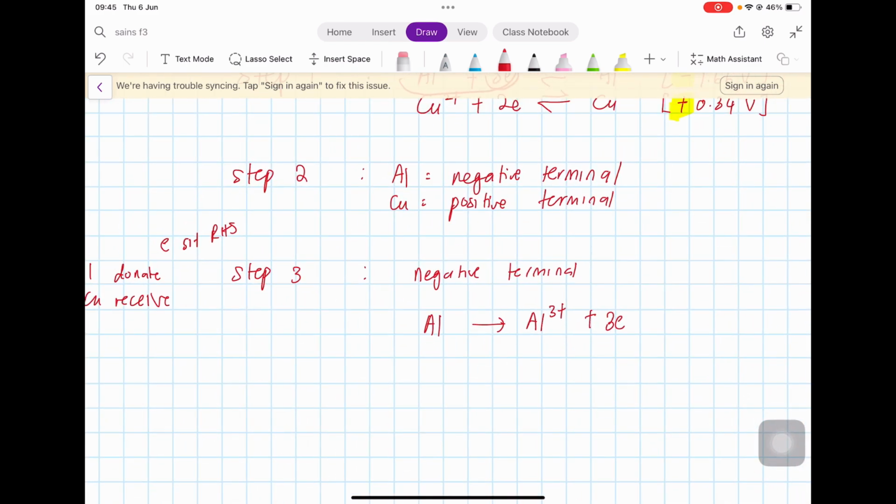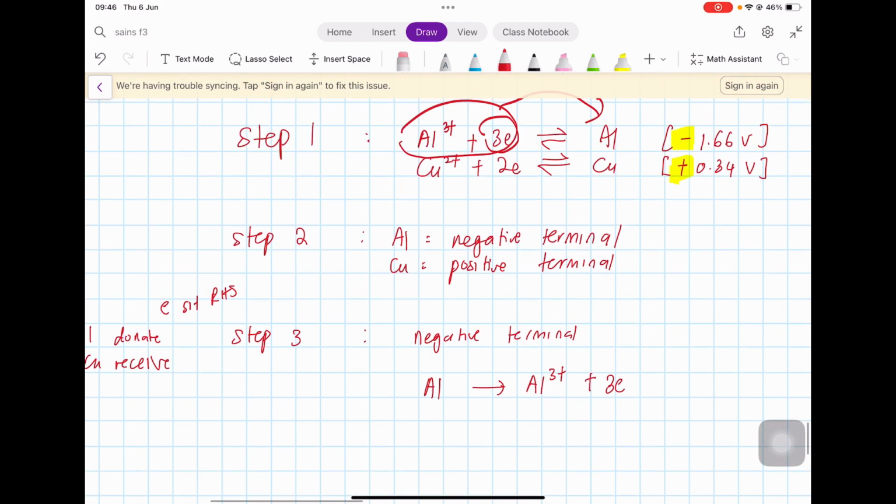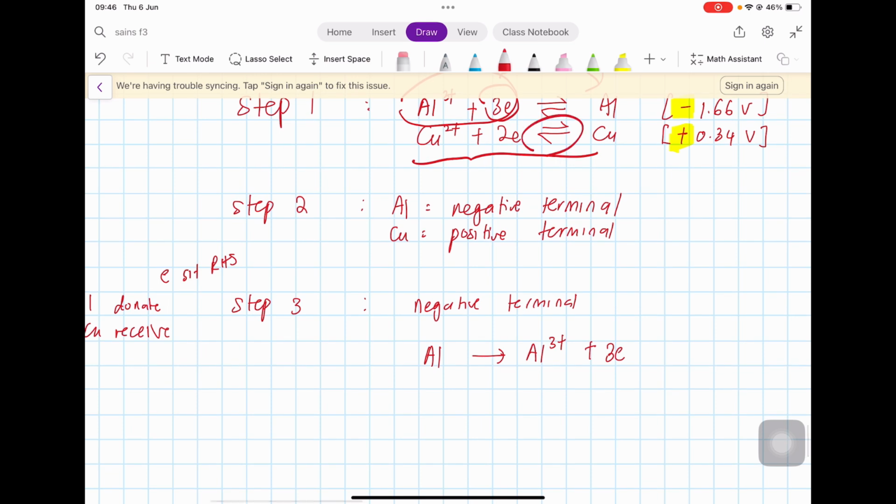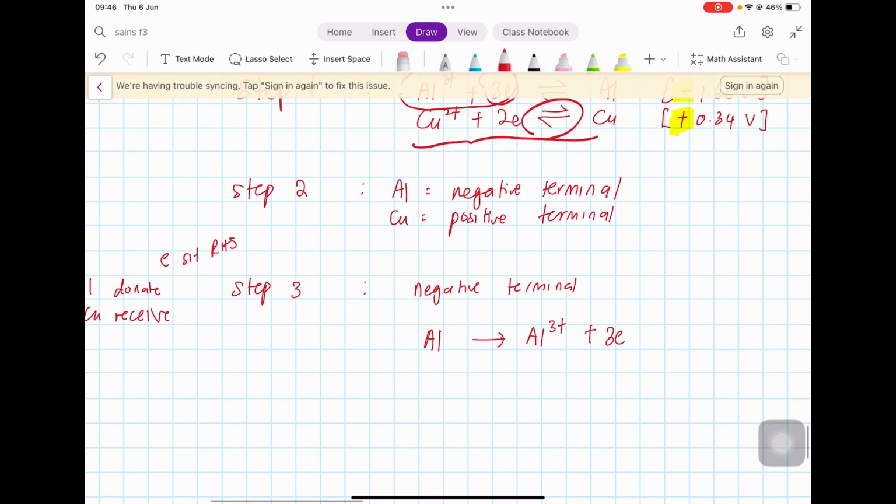Logik lah ni, because this is before and this is after. After, nampak tak, it has separated from its electron, which means it has donated. Boleh faham tak? Okay, please understand this one first. And then for the one that receives, it means that on the left hand side it will have electrons. So no need to change this. But don't forget to change your arrow to a single arrow.